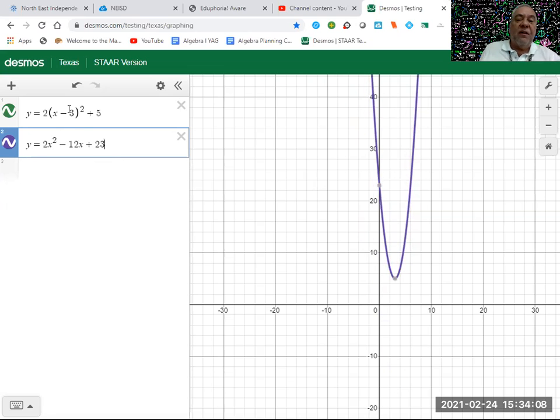So it doesn't matter. It's the exact same equation. This is the vertex form on top, and this is the standard form on bottom. But you can graph it either way, and it'll give you a whole bunch of information.